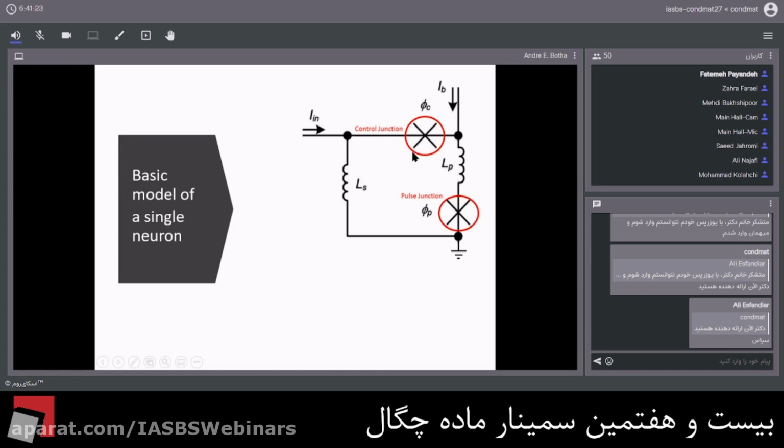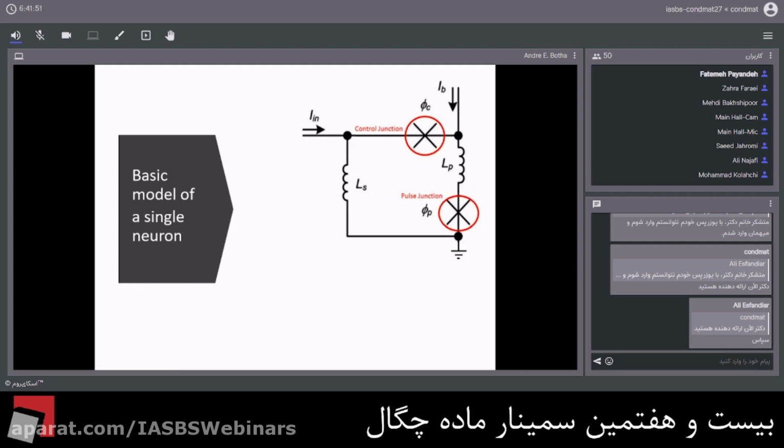What happens basically is, in order to mimic the behavior of the action potential that we saw previously, one would set the bias current at a value where this pulse junction is almost at the critical current. So it's about to start entering the resistive state.